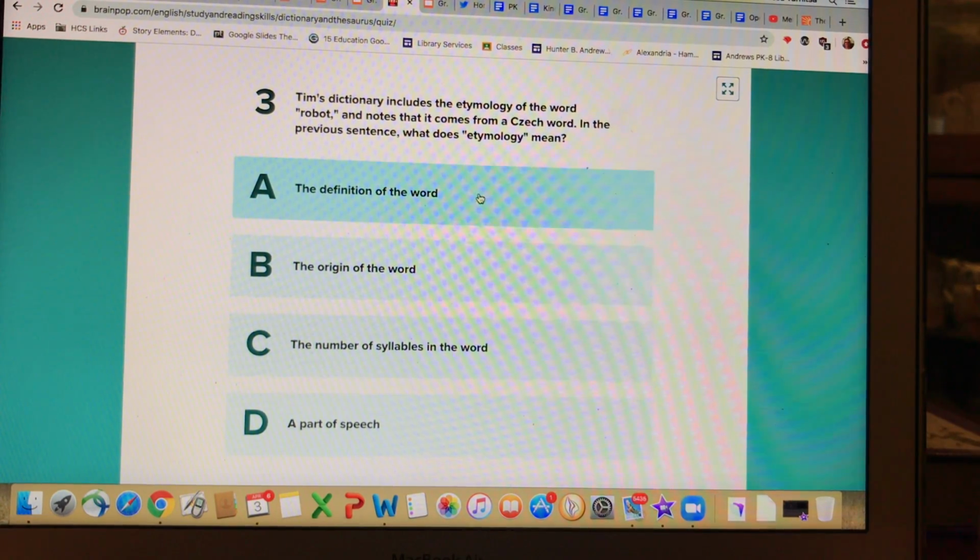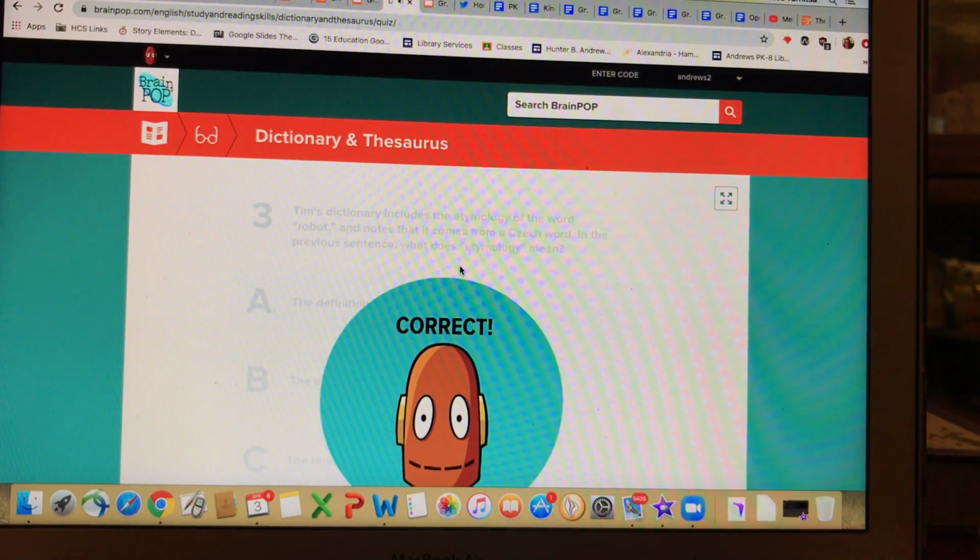So do you think etymology has to do with the definition of the word, the origin of the word, origin meaning where it comes from, the number of syllables, or a part of speech? Well, we just talked about Czech being short for Czechoslovakian, and that is a different country in the world. So I think I would say origin, where it comes from. Good job.